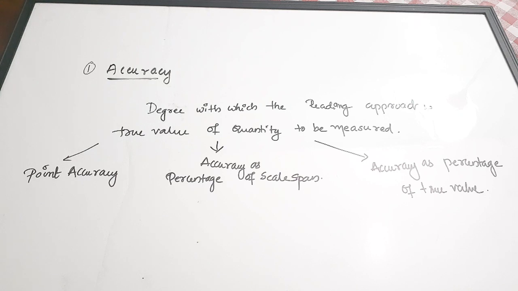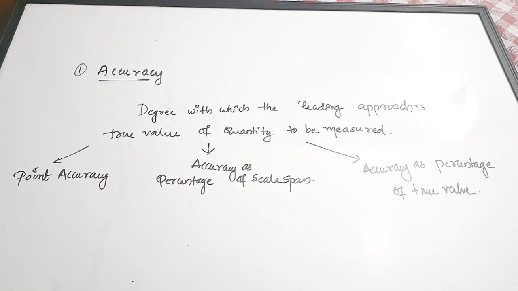Then the third one is accuracy as a percentage of true value. It is actually the most precise way of expressing accuracy. How much are we able to get the correct value of the quantity which we are measuring? That is the true value.